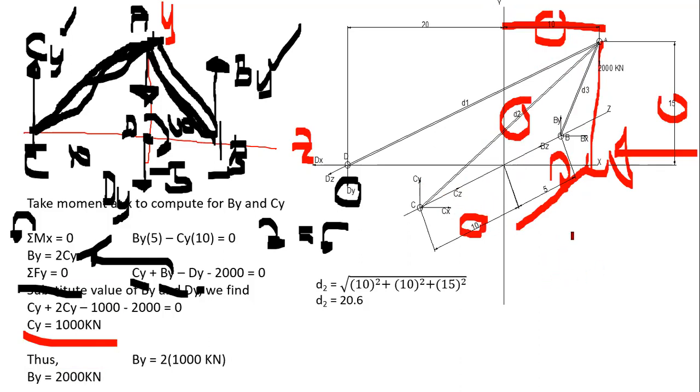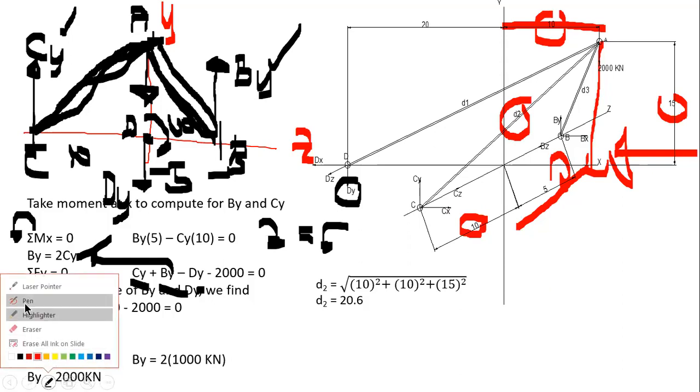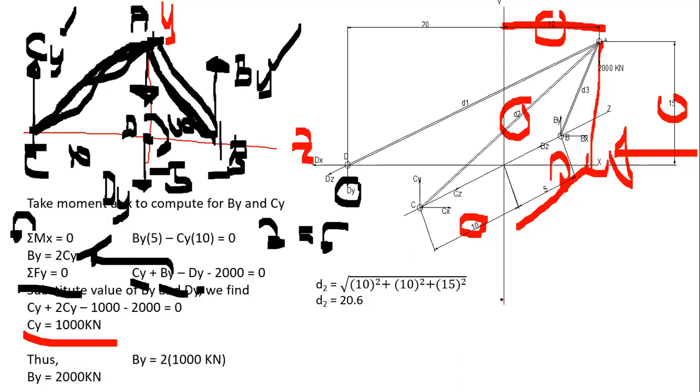So in other words, kung ito yung axis, pag i-redraw ko siya, andito yung 2,000 going to this direction. So in other words, meron dito siya na along x-axis, ito yung 10. Along z-axis, 10 din ito.